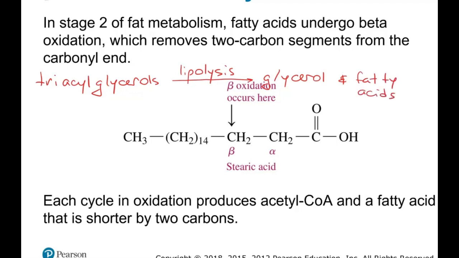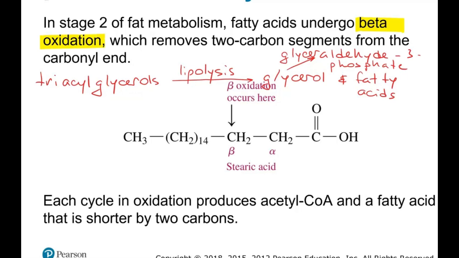So glycerol is converted into glyceraldehyde 3-phosphate, which is one of the intermediates in the process of glycolysis, and fatty acids undergo beta-oxidation.